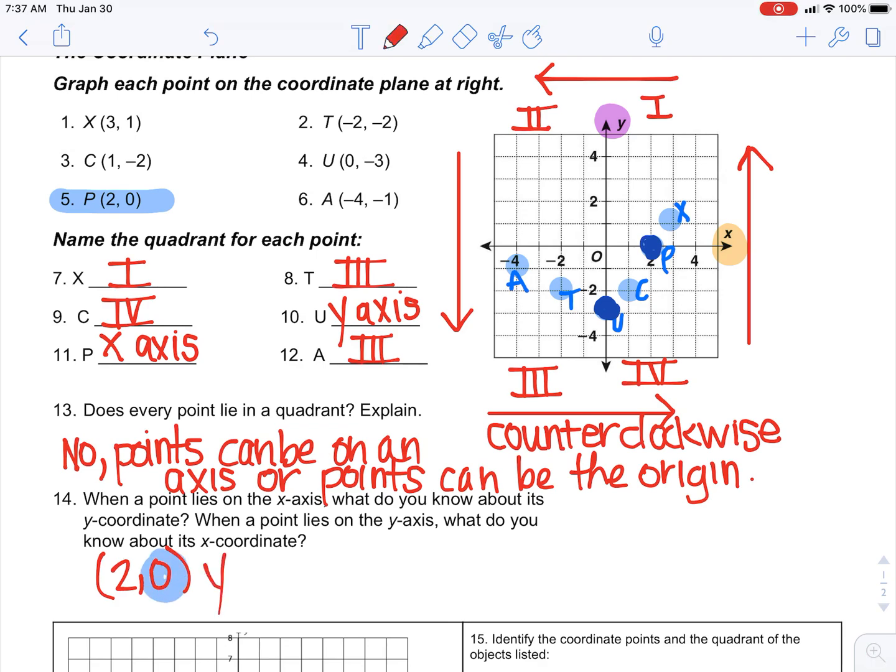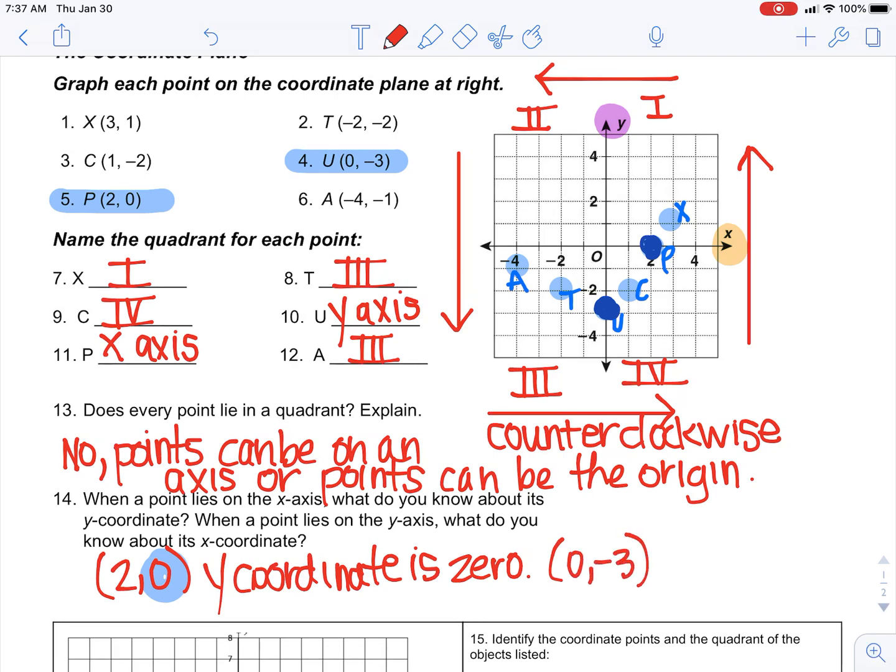So we can say that the y-coordinate is 0. And then when a point lies on the y-axis, so let's take a look at point U, and that is 0, 3, we can see that its x-coordinate is 0.